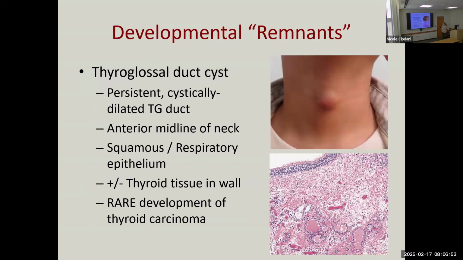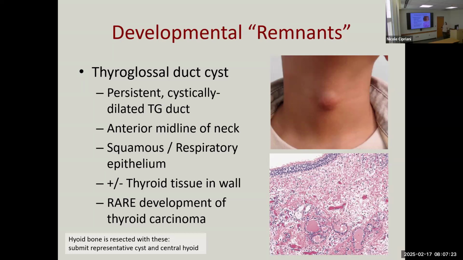Thyroglossal duct cyst, which we already mentioned, generally has either respiratory or squamous epithelium and should be in the anterior midline. It is not going to be lateral like a branchial cleft cyst. It is specifically going to be in the midline because that's the only way the thyroid goes up and down. In about 75% of cases, there's thyroid tissue in the wall, in which case sometimes you can get thyroid carcinoma developing in the thyroglossal duct cyst remnant, but that's pretty rare.